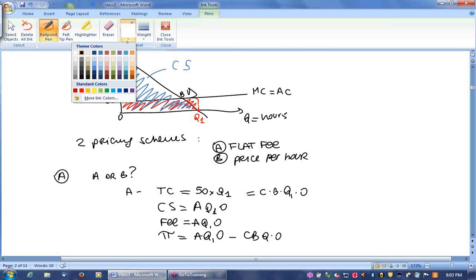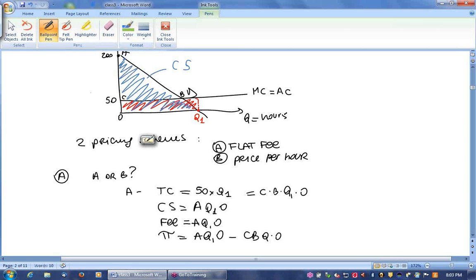So that on the graph, the profits would be equal to this area minus this area, right?